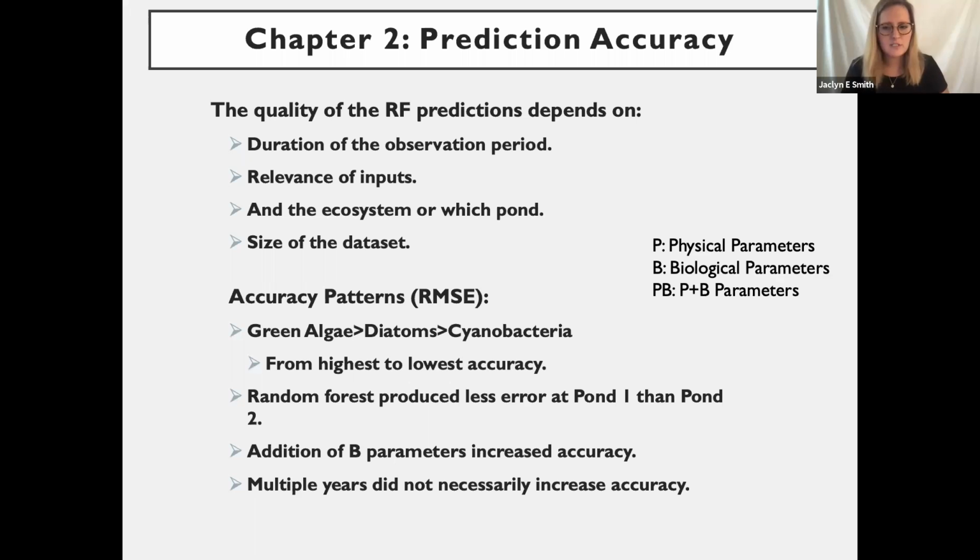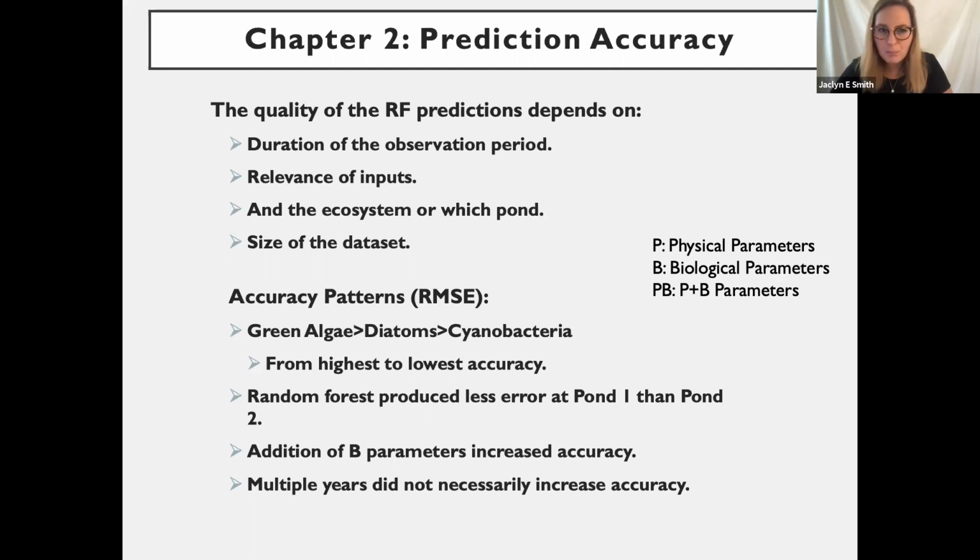So our accuracy seemed to follow a trend, or a pattern, should I say. Green algae tended to have the best accuracy, followed by diatoms with a little bit less accuracy, and then cyanobacteria actually had the worst accuracy out of the three. Between ponds, the random forests seemed to produce less error at pond 1 and a little bit more error at pond 2.